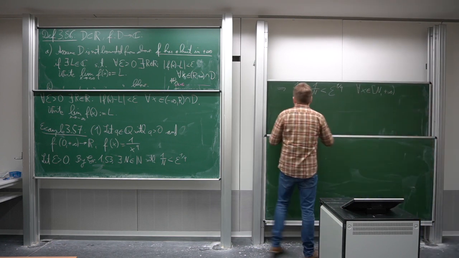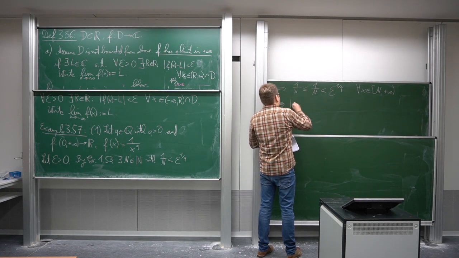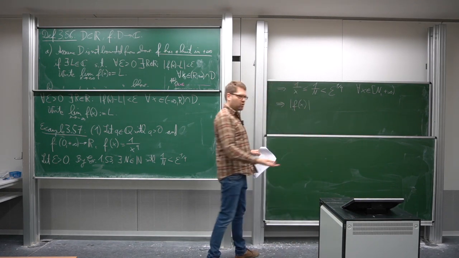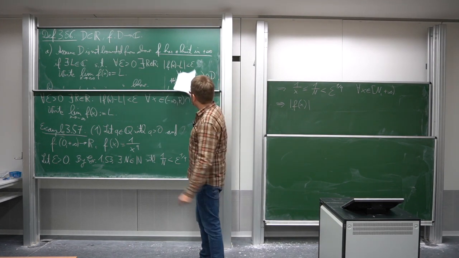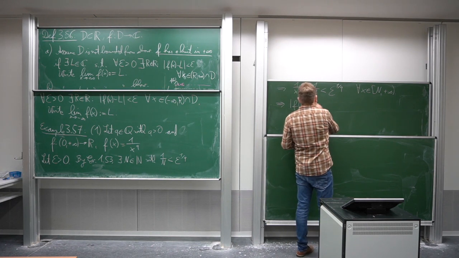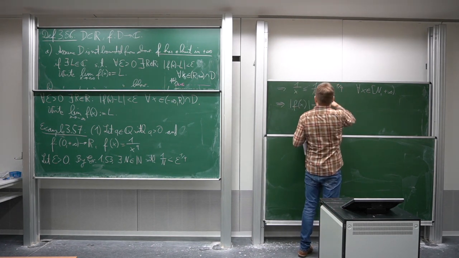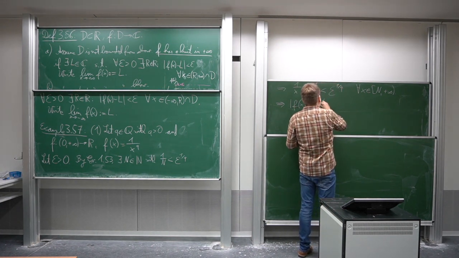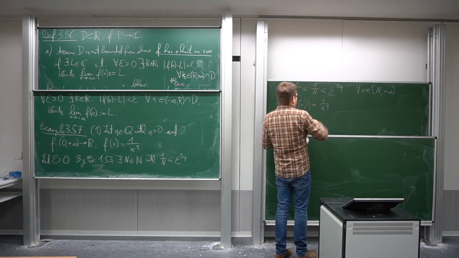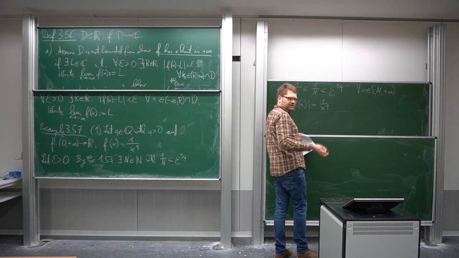Namely, this shows that the absolute value of f of x, and we should read this as f of x minus 0, because I want to show that this condition here is satisfied with L equal to 0. Of course, the absolute value is unnecessary because these are positive numbers. This would be 1 over x to the power of q. And we have seen about powers that they have these monotonicity properties.